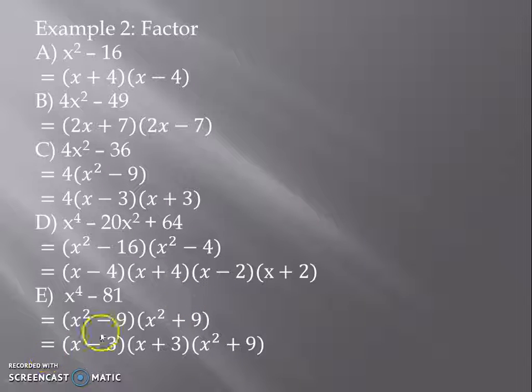So it would have to be x minus 3 times x plus 3 times x exponent 2 plus 9, because this is a positive, so it has to stay that way. The numbers that come out of this have to be different. Like in a negative, you have a negative and a positive 3. But out of this one, it will only be a positive times a positive 3, or negative times a negative 3.